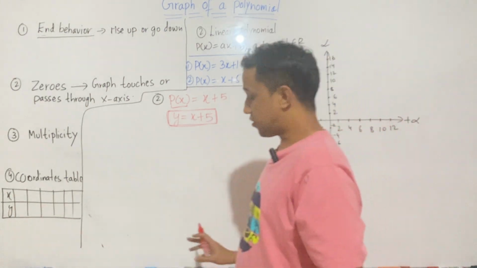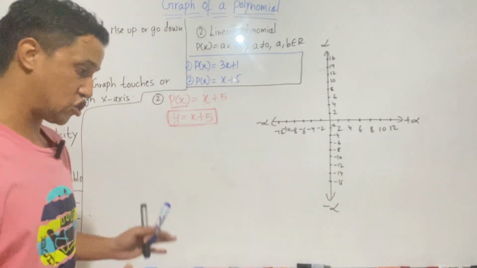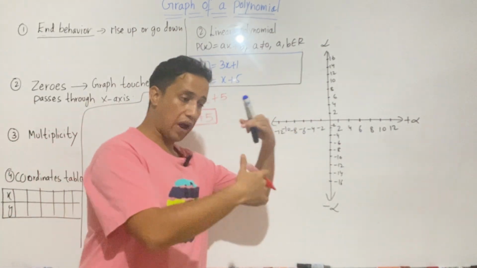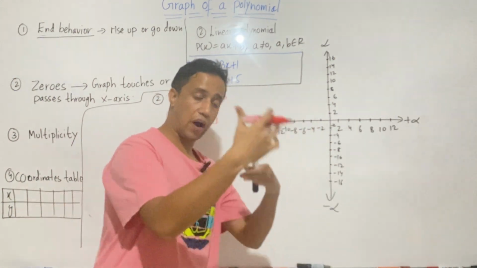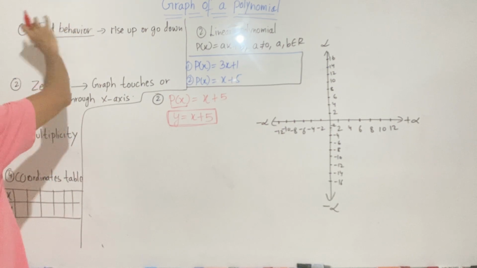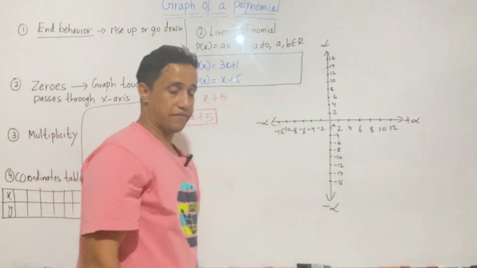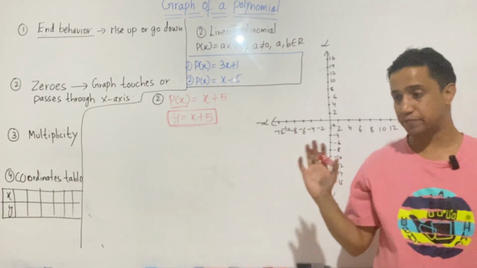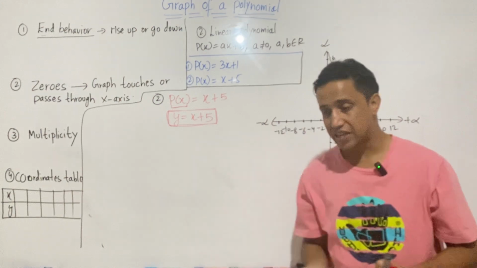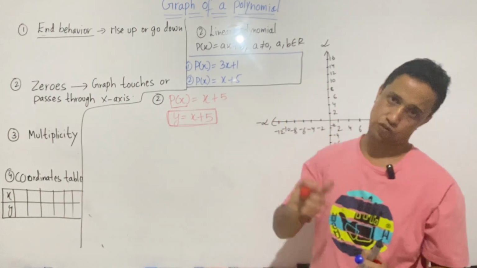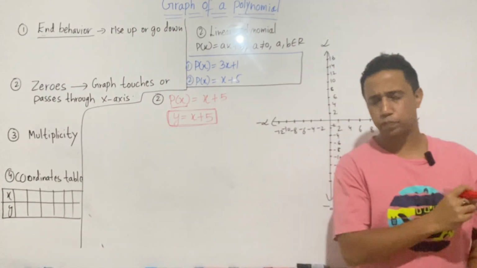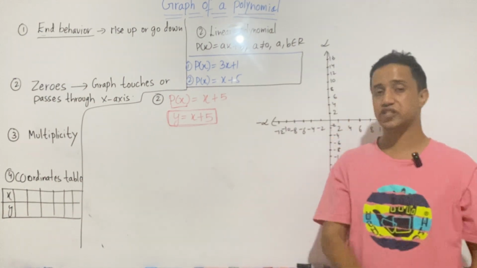The first thing that we need to do when we sketch the graph of a linear or higher degree polynomial is check the end behavior, which means we need to see what direction the curve is going to follow. Once the directions are clear, it becomes a piece of cake to sketch the graph.